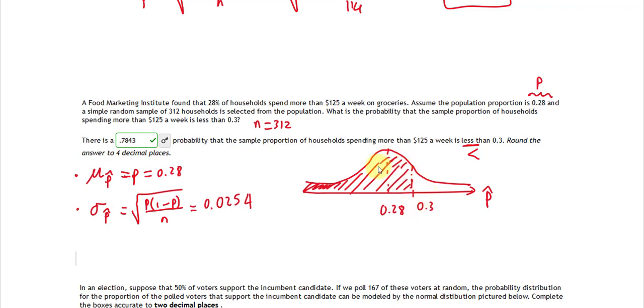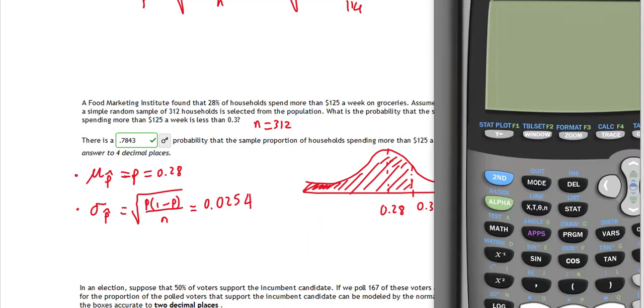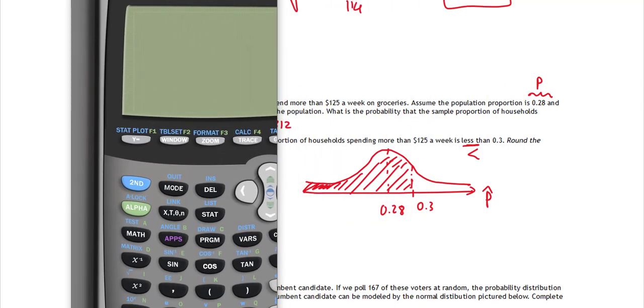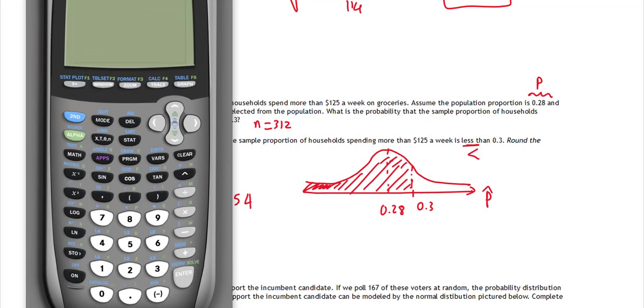Okay, and you can find the area of the normal curve given the x value. You can find that using the TI-84 here. Let's do that. We can use the function 2nd Distribution.